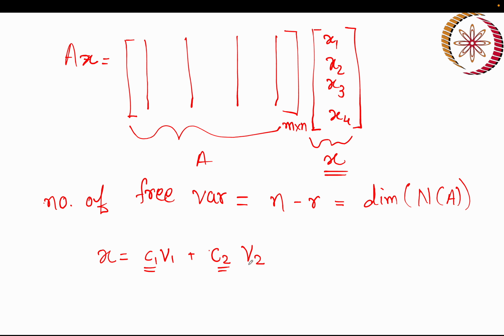As many free variables as there are, that will be the dimension of the null space.